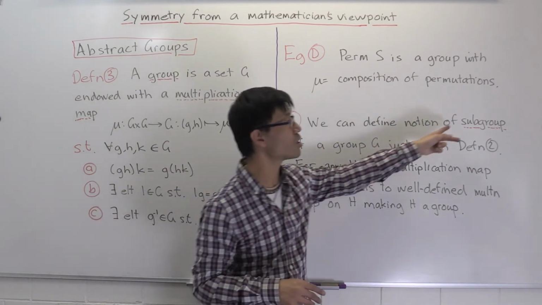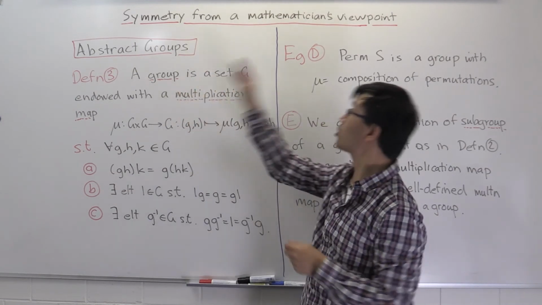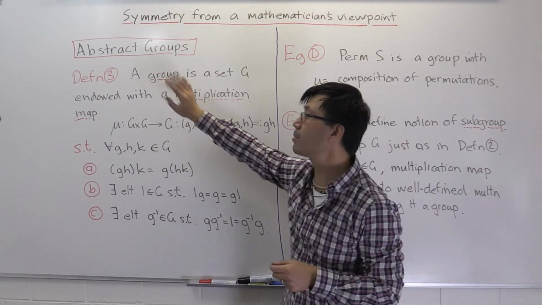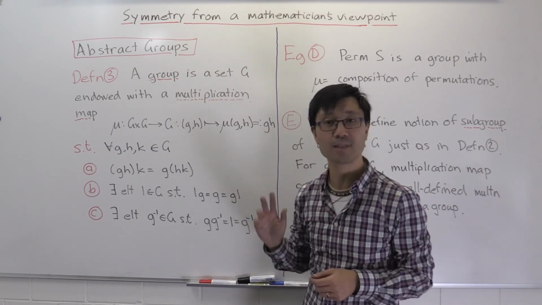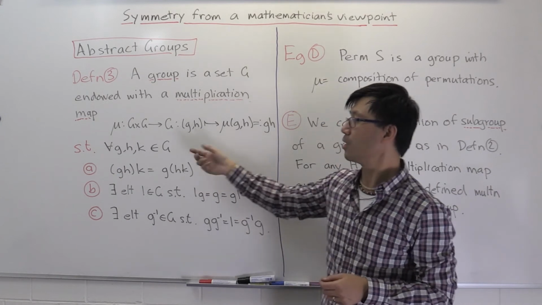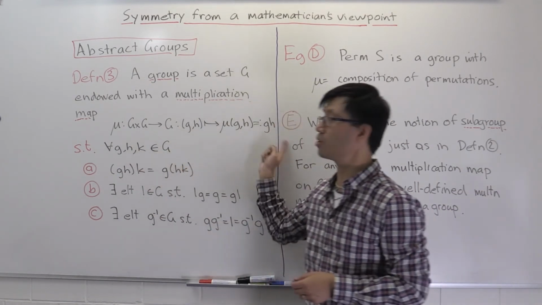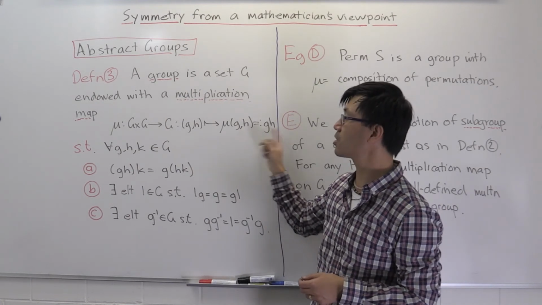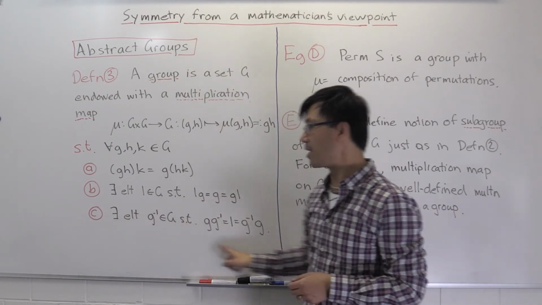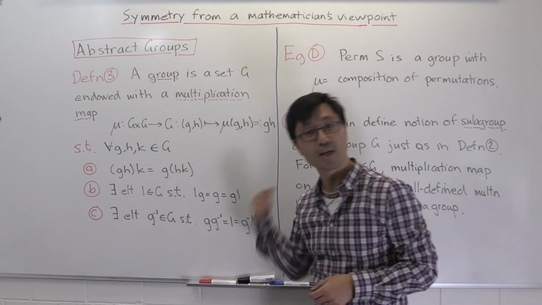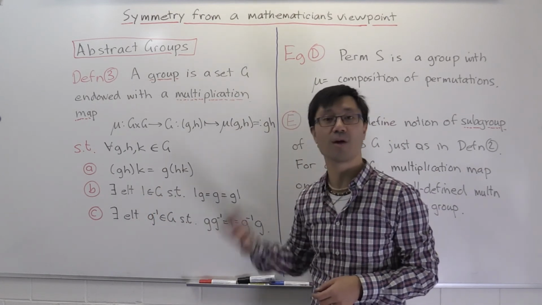It turns out that you can also define the notion of a subgroup of an arbitrary group, not just a permutation group, the same way using those three closure axioms. They all make sense because you can now replace closure under composition with closure under multiplication. You can ask that a subset is closed under multiplication. Since you know you have inverses, you can ask for closure under inverses, and since you know you have an identity in a group, you can ask for closure under the identity.